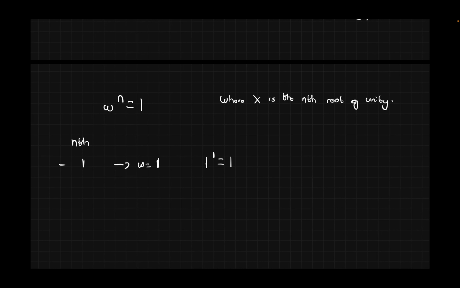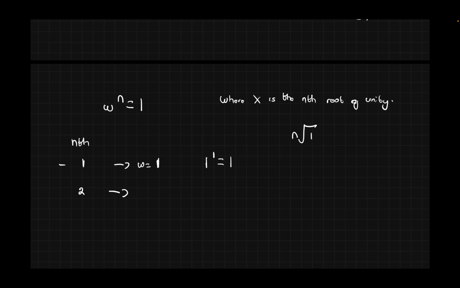Now let's say we wanted the second root of unity. The nth root of unity is kind of like the nth root of 1. There are going to be multiple values. I don't know if this is correct, but you get the idea.